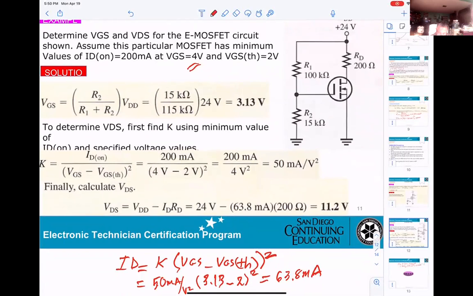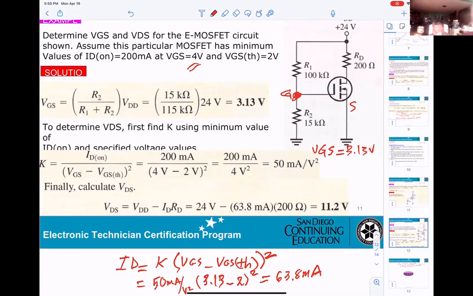VGS equals the voltage right here, so 3.13 volts.